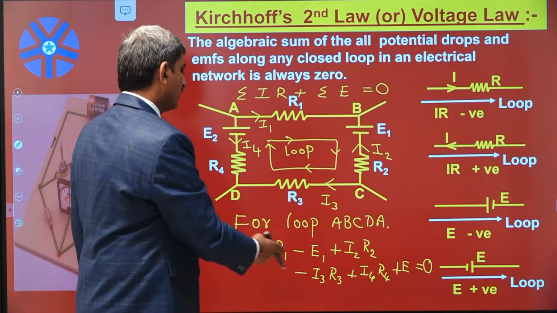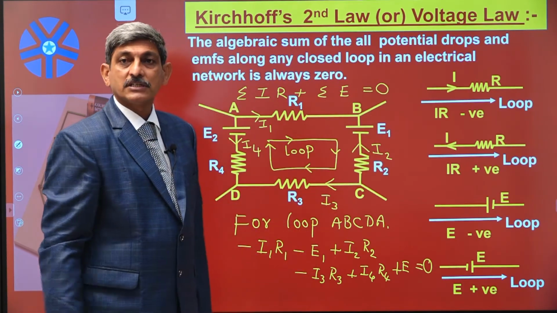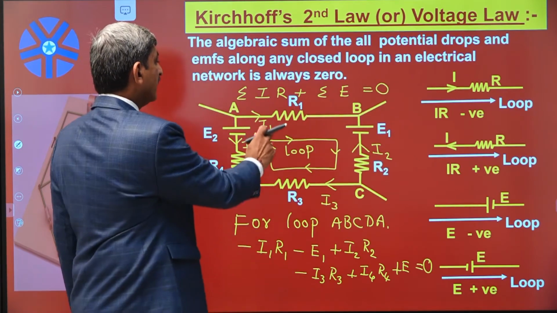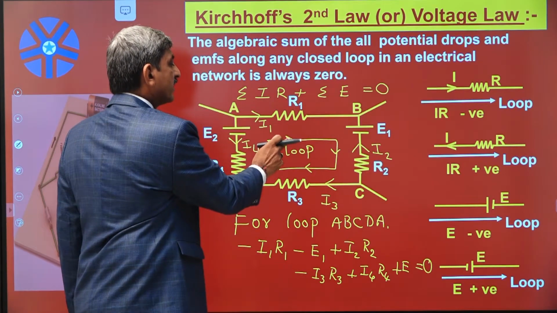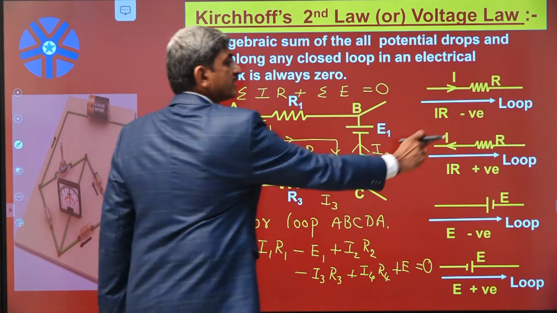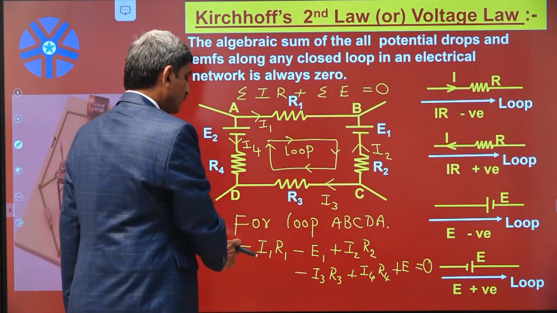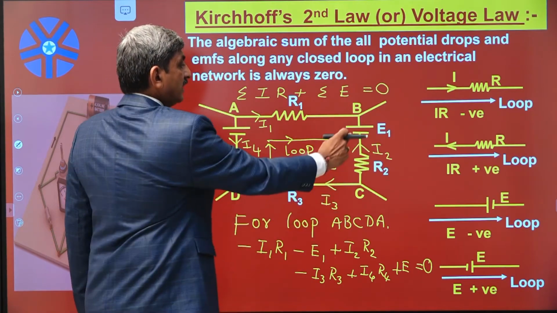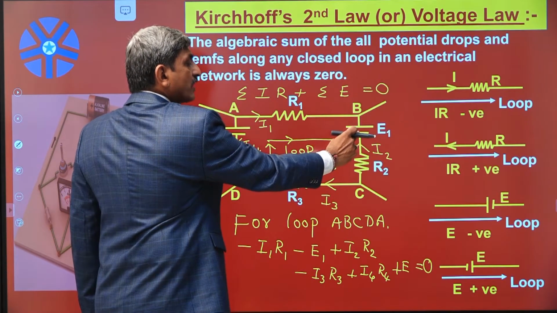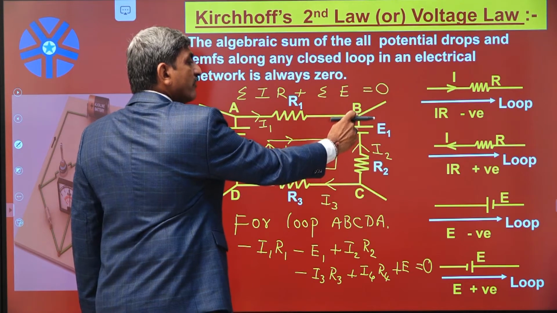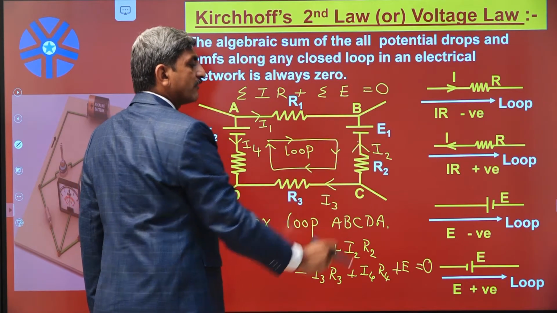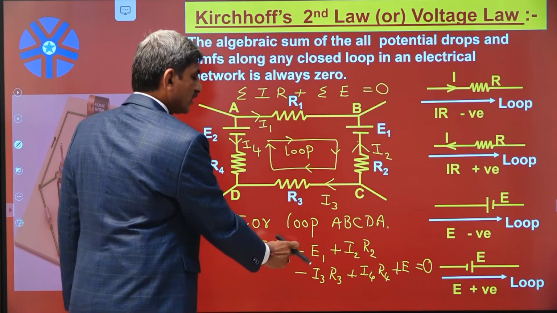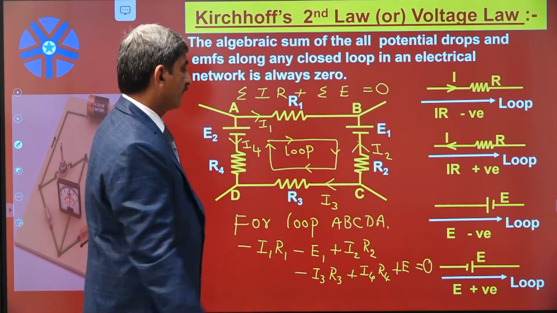I think you understand why some are taken with a negative sign and why some others are taken with a positive sign. Here, the direction of the current and the direction of the loop are in the same direction, so IR is negative. That's why it is taken as minus I1 R1. Here, whenever we are moving across the battery, we are moving from the positive terminal to the negative terminal of the battery, so the EMF is taken as negative, so E1 is taken with a negative sign.